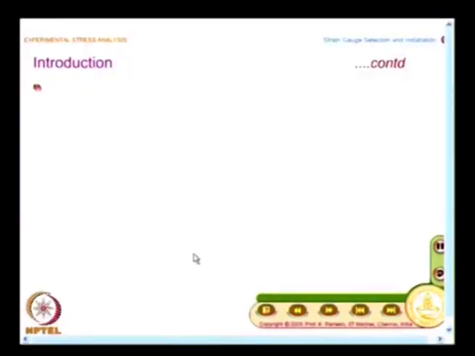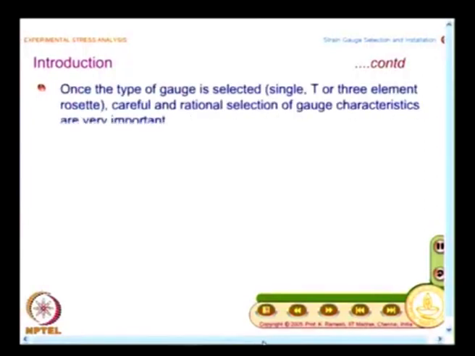So, the recommendation is, try to use a whole field technique in conjunction with a point by point technique. A point by point technique alone will not be very effective, and we have seen some examples where a mere application of strain gauge technique was not sufficient, because you pasted it slightly away from the critical zone. So, it underestimates the maximum strain. So, your design can be way off. So, the recommendation is, combine the use of whole field technique and a point by point technique.